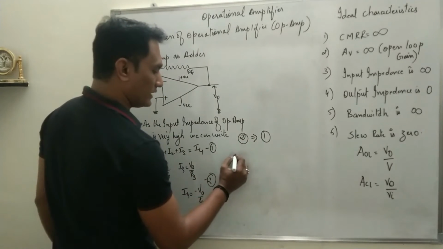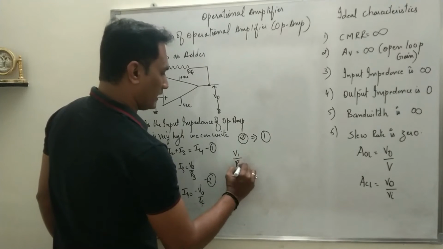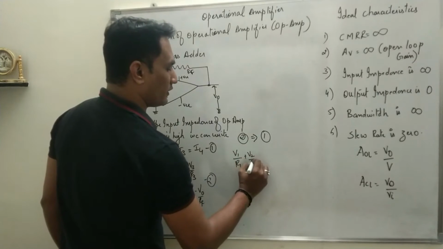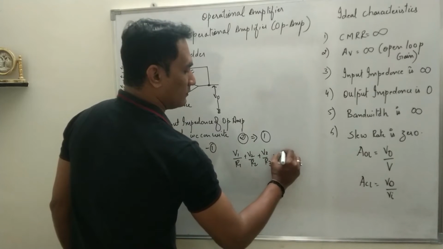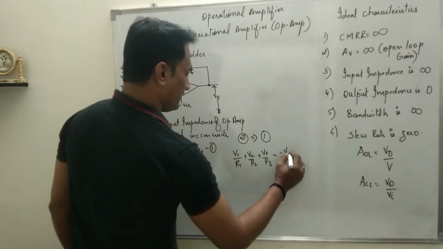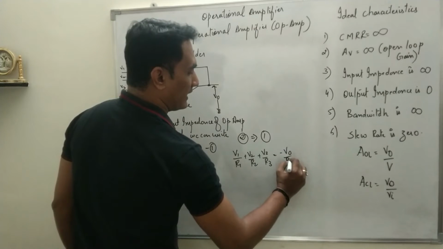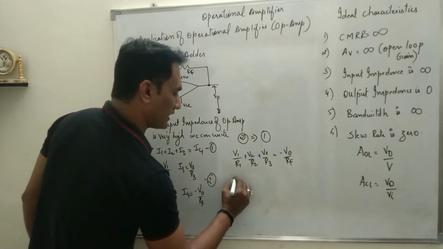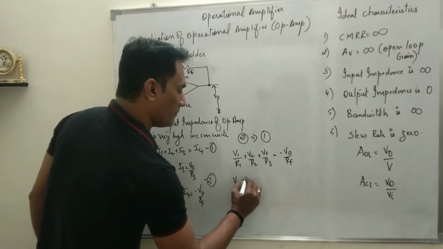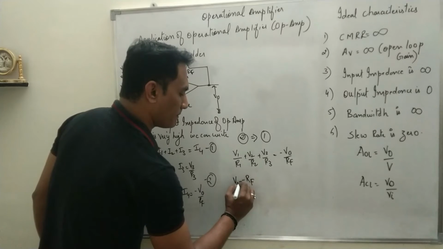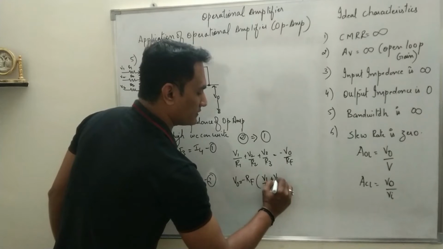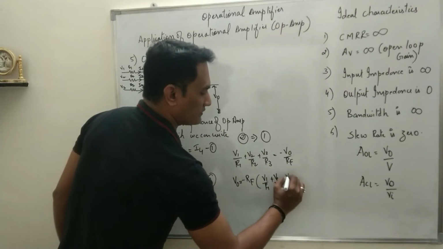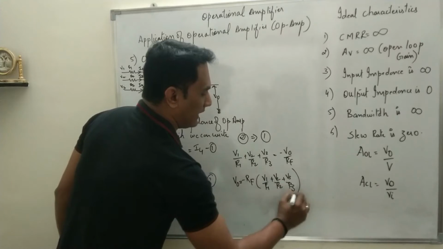What you get is V1 upon R1 plus V2 upon R2 plus V3 upon R3 equals minus V0 upon RF, that is the feedback resistance, or I can say V0 is equal to minus RF times V1 upon R1 plus V2 upon R2 plus V3 upon R3.